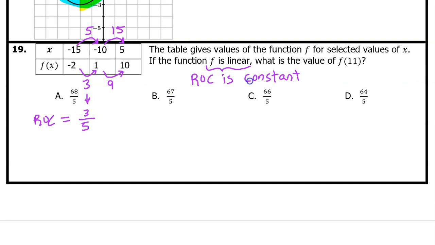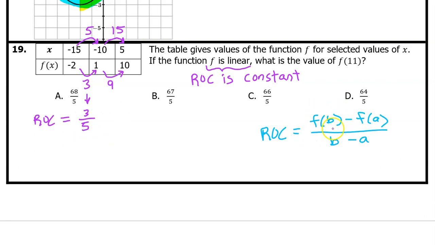According to our prediction, the rate of change should be constant when the function is linear. So it will not surprise us that if we were to look at the second pair, it would be 9/15. Well, that just reduces down to 3/5.